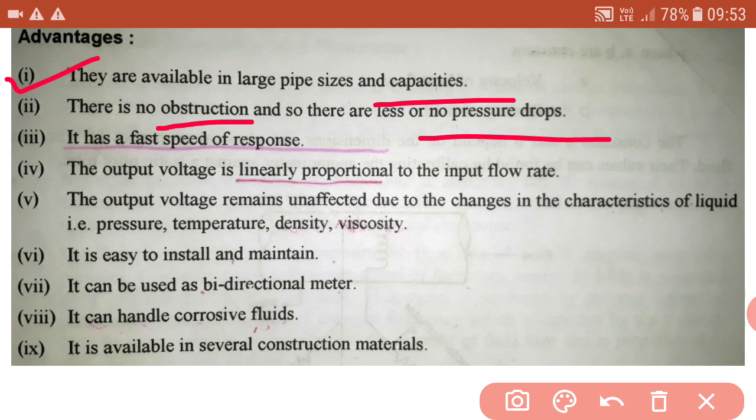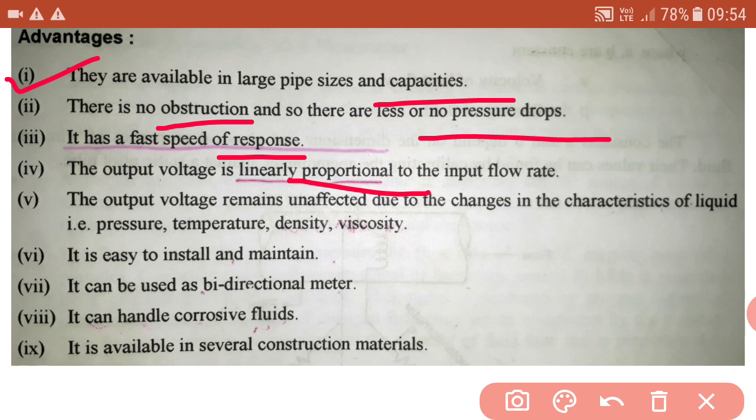It has a fast speed of response. Speed of response is fast in this case. The output voltage is linearly proportional to the input flow rate. So the relationship between the volume flow rate and output voltage is linear. So it is an advantage.